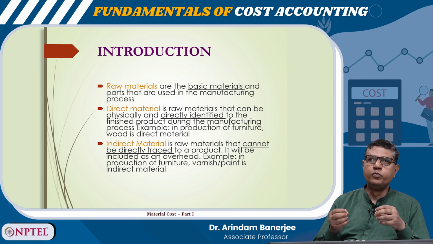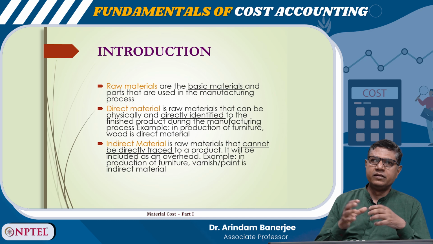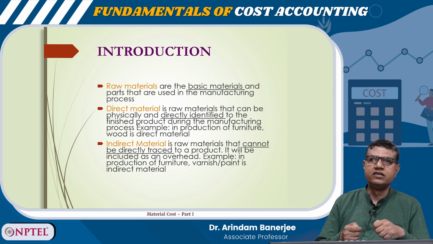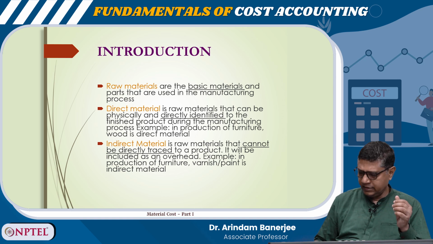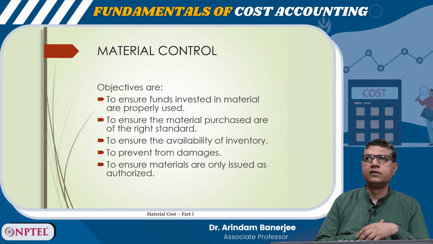We can't directly attribute the cost of lubricant used for running, say, wood cutting machines, to a particular piece of furniture. That kind of expenditure we can call an indirect material. So these are the basic types of raw material.